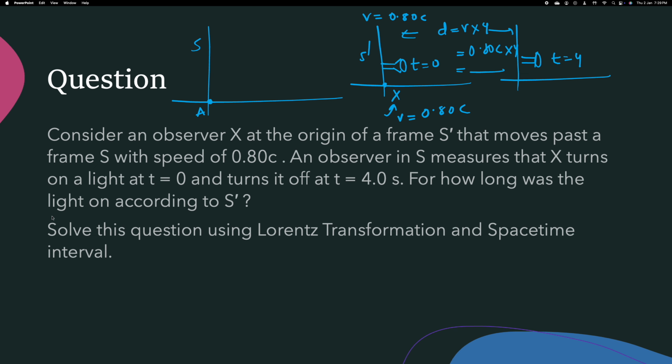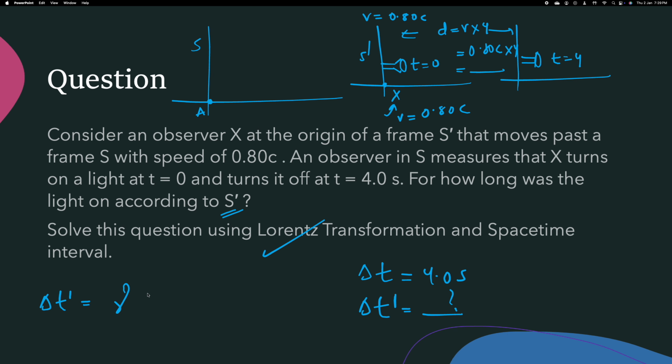Now, for how long was the light on according to S prime? So the question is, if the time duration with respect to the ground, delta t, is 4 seconds, what is the duration of time with respect to S prime, which is delta t prime, is what they're asking us to calculate. So first we'll use the Lorentz transformation equation to calculate the value of delta t prime.